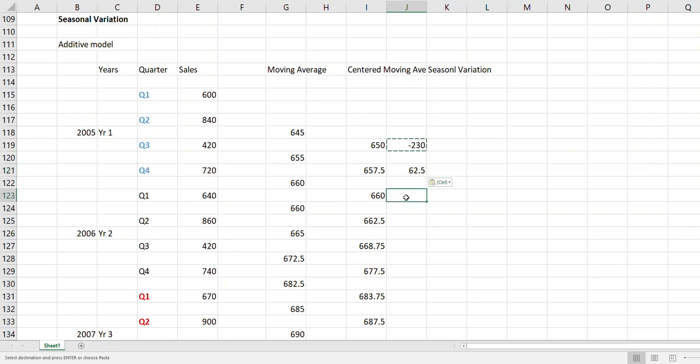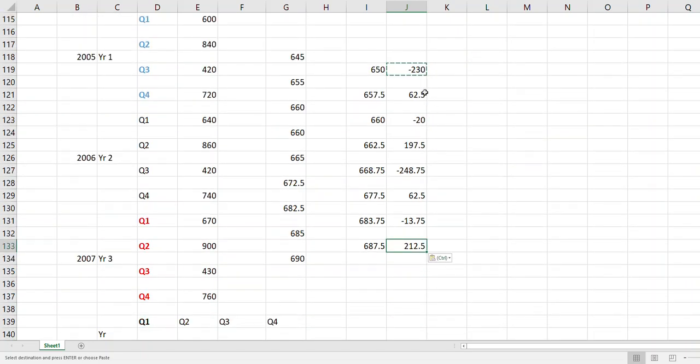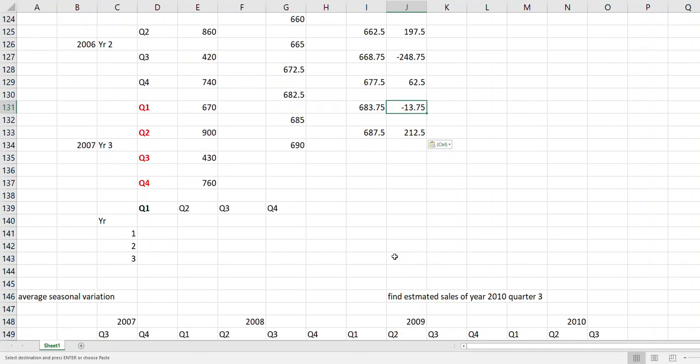In quarter 4 it increases. Quarter 1 decreases, lower than the line. Quarter 2 is above the line. Quarter 3. So one quarter is higher, one quarter is lower. So this data is for individual quarters. What we do next is take the years and put the quarters here.